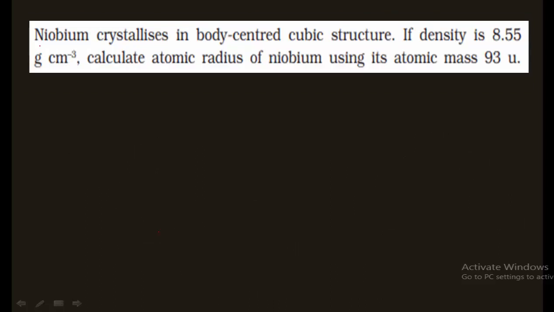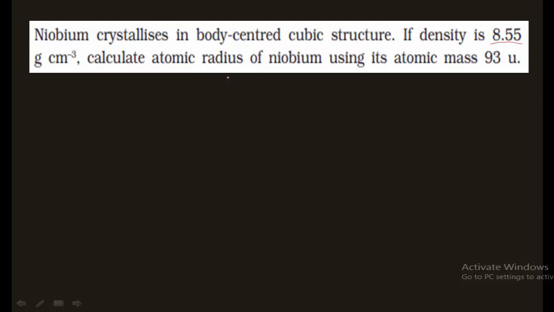The next question. Niobium crystallizes in body-centered cubic structure. If density is 8.55 gram per cubic centimeter, calculate the atomic radius of niobium using its atomic mass 93 U. So here they have asked you to calculate atomic radius.